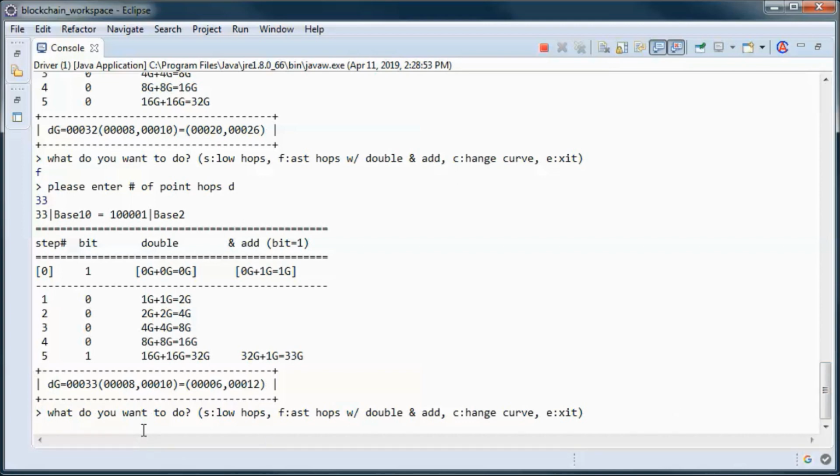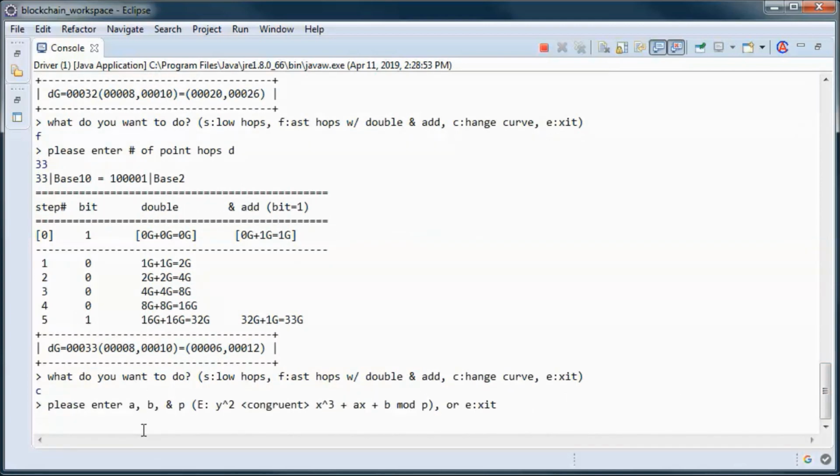And let's change the curve, and let's show that we are checking if the curve is singular.